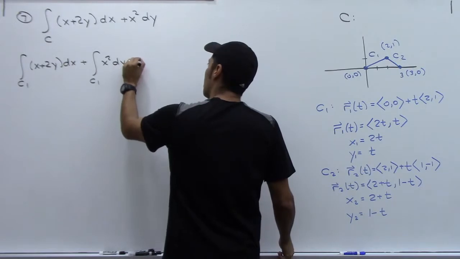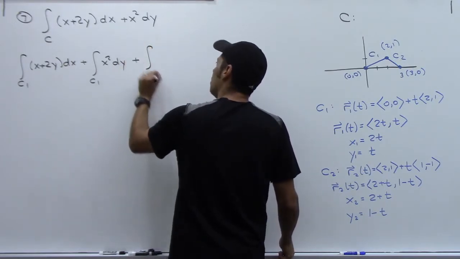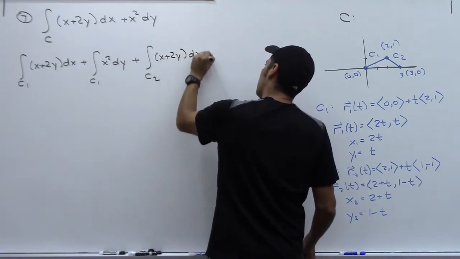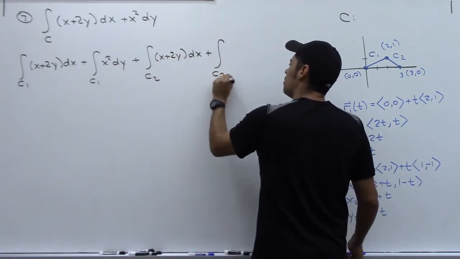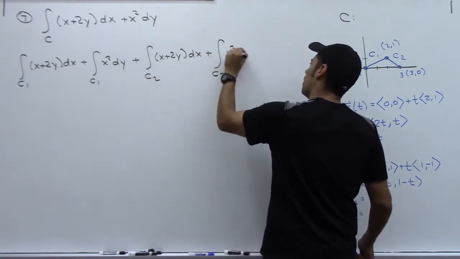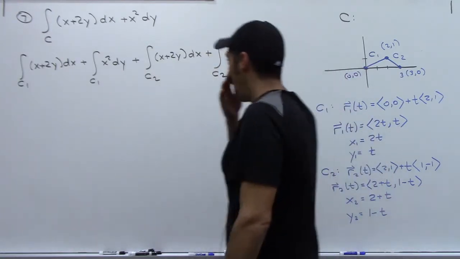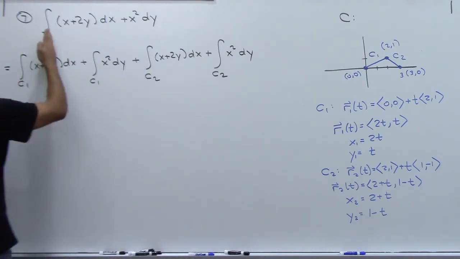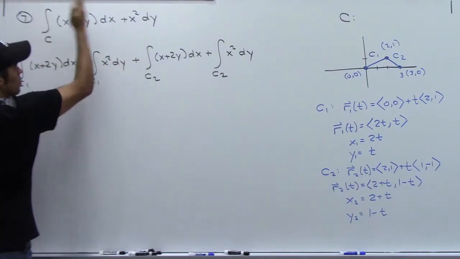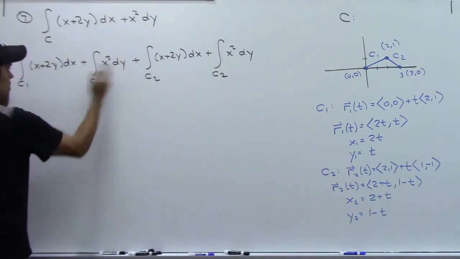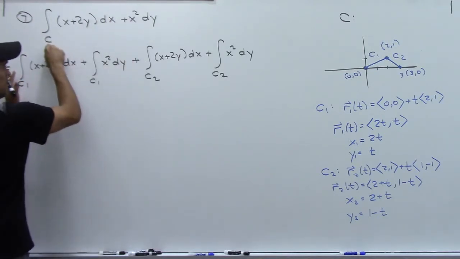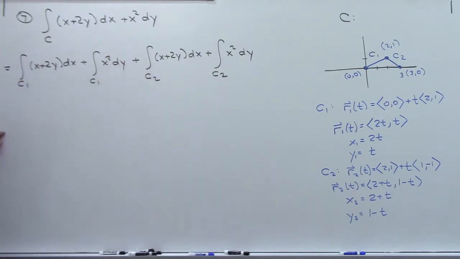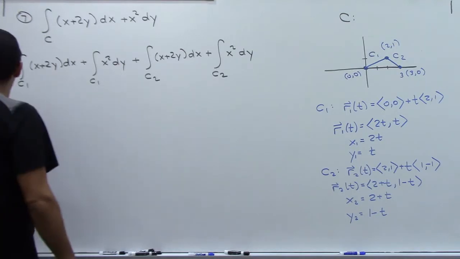Then I'm going to say plus the integral over C2 of (x plus 2y) dx plus the integral over C2 of x squared dy. All right. So remember, this notation means integral, integral. But C is actually 2 curves, so this is the first curve, and then add the next one.